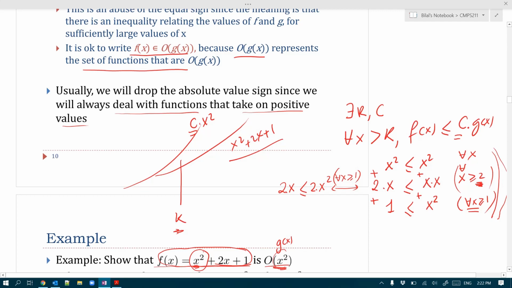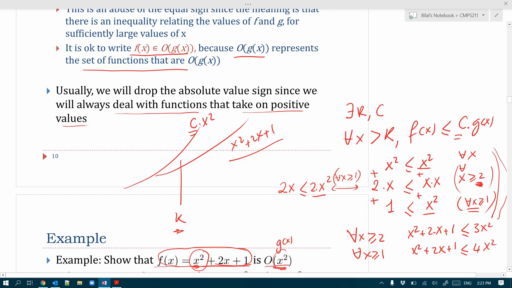For example, for every x greater than or equal to 2, we will have x squared plus 2 times x plus 1 less than or equal to 3x squared. And for every x greater than or equal to 1, we also have x squared plus 2x plus 1 less than or equal to 2x squared plus 1x squared plus 1x squared, which is 4x squared.